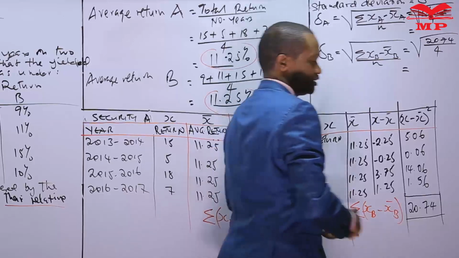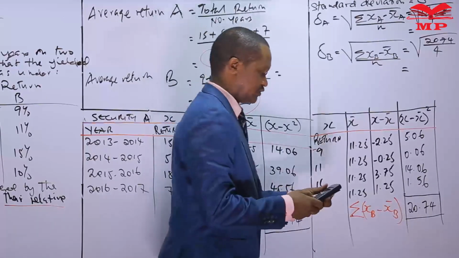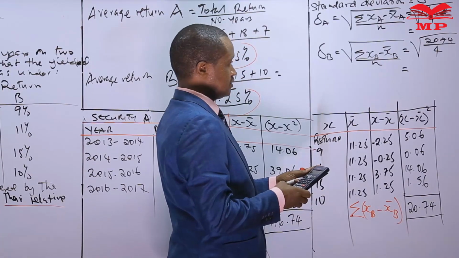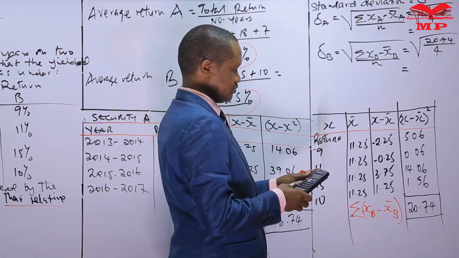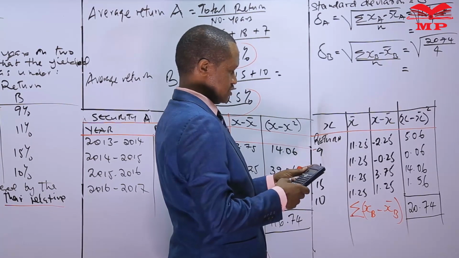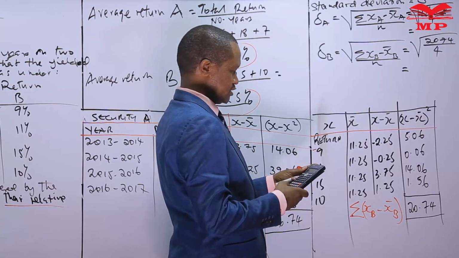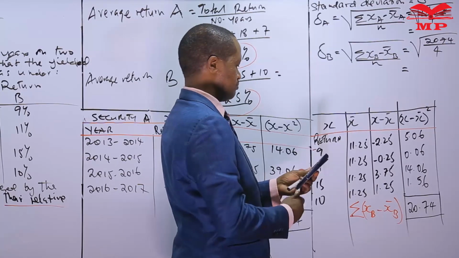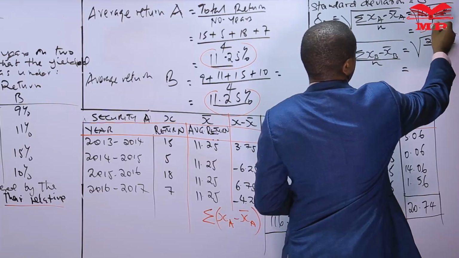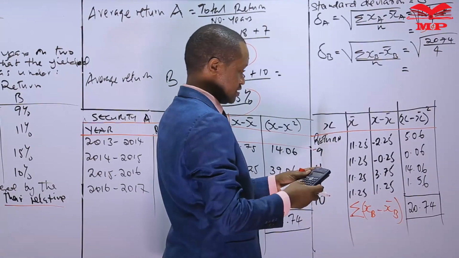That will give us the standard deviation for the two securities. So we first divide 116.74 by 4. The square root is 5.4. 5.4 is the standard deviation for security A.